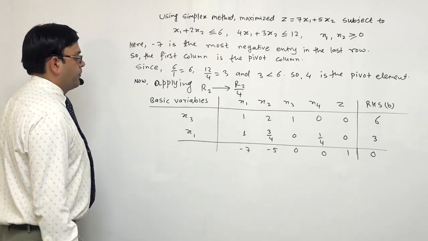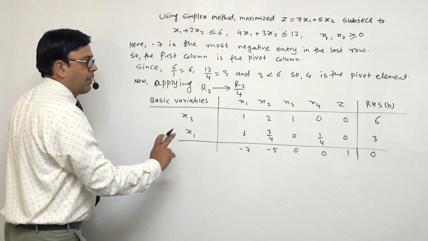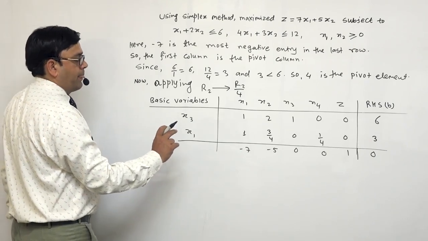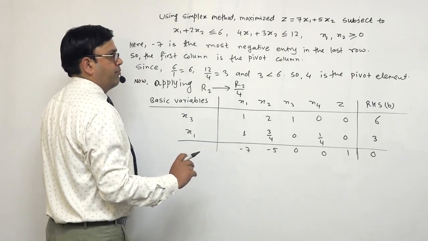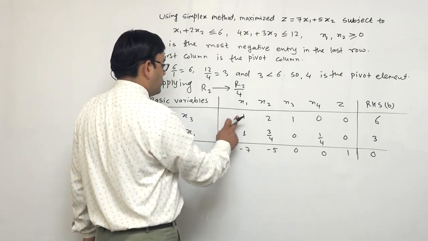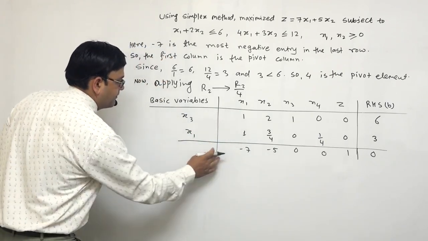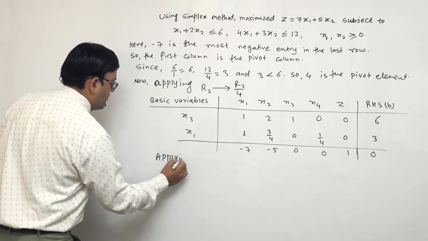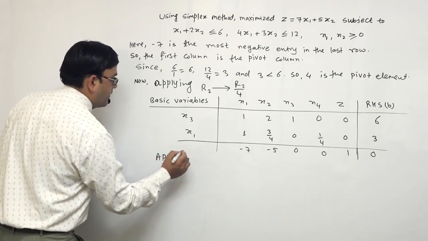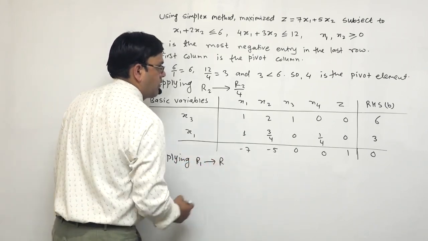Students, now we are going to change R1 because we have to make R1 to 0. So this minus this is 0. So now here applying R1 tends to R1 minus R2.